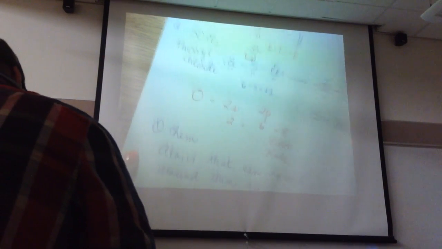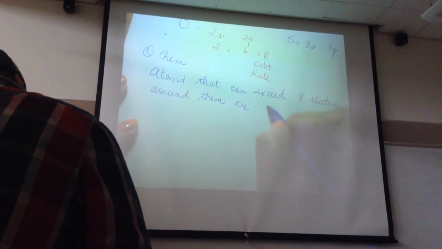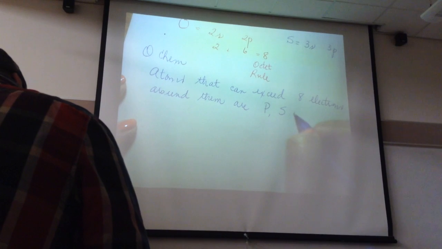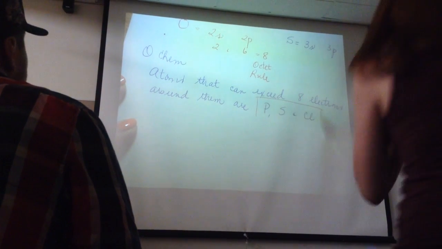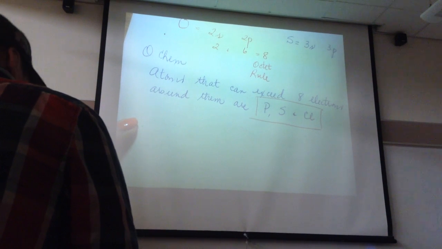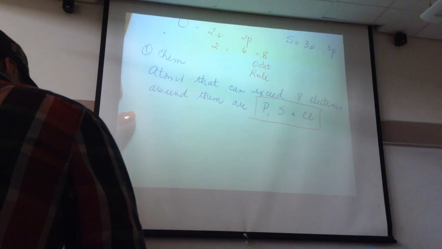These are the typical ones that exceed the 8 electrons around them: phosphorus, sulfur, and chlorine. So these guys are our most commonly seen atoms that will expand that octet.